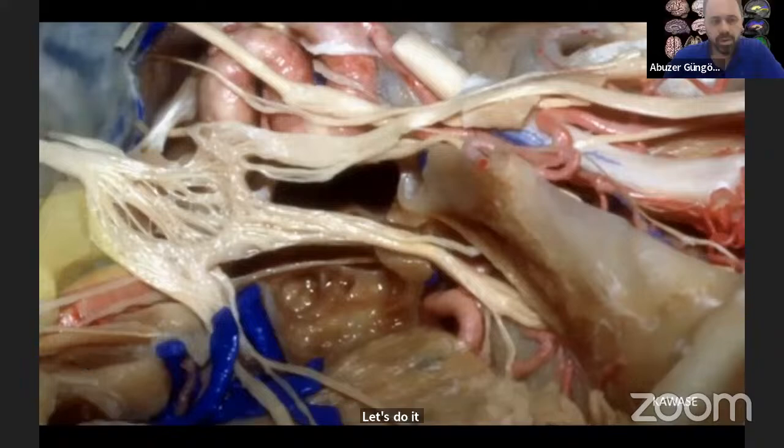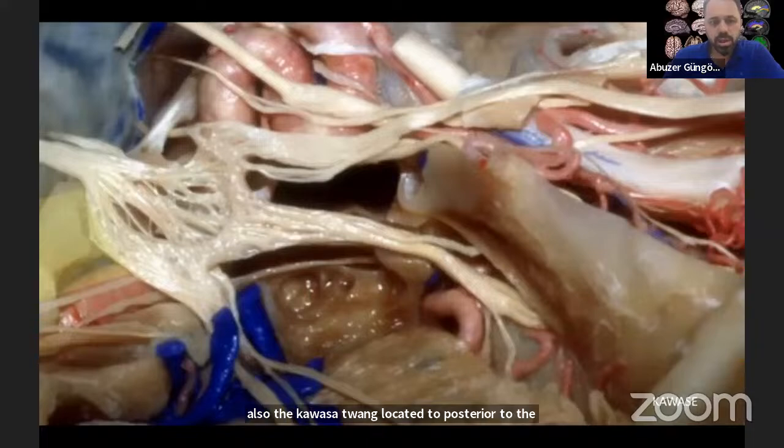Also the Kawase triangle is located posterior to the fifth nerve and medial to the GSPN.